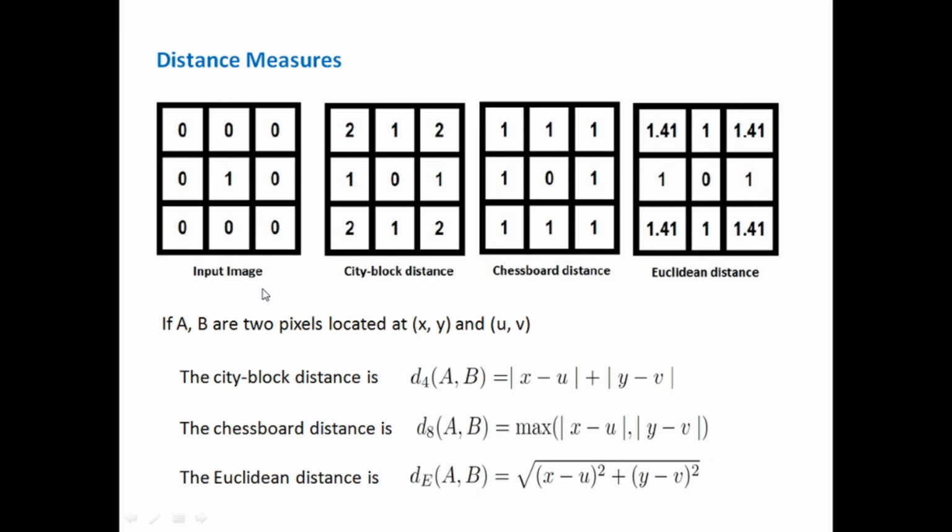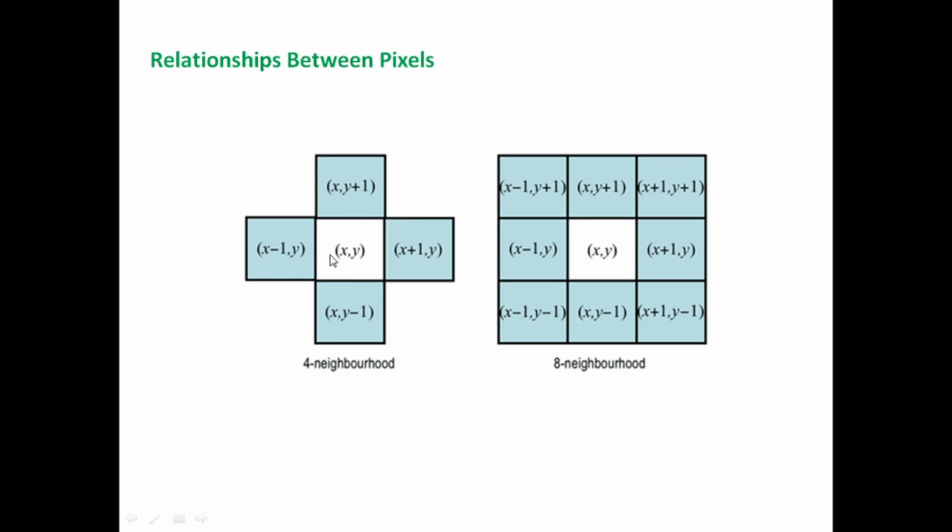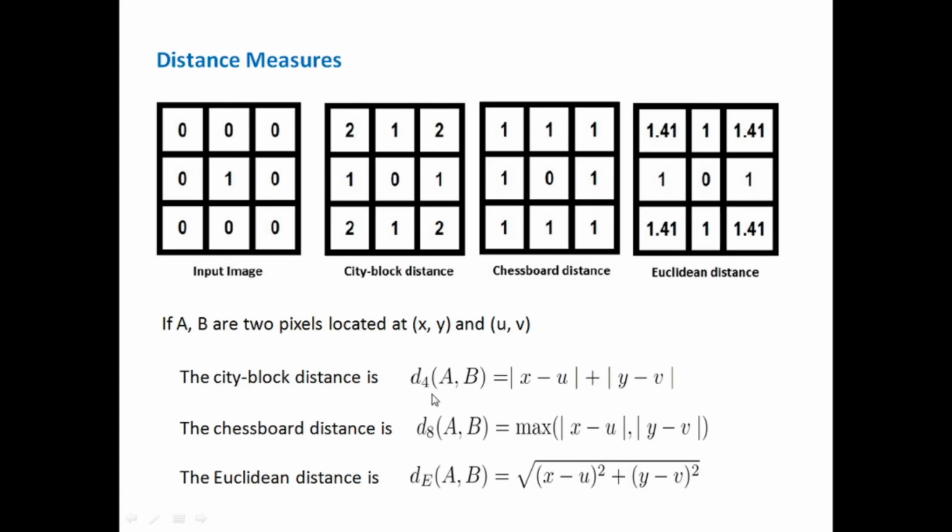So for example, if this is my input image, you know that for a 4 neighborhood the representation will be like this. For an 8 neighborhood, the representation is in this manner. So coming to D4 distance of A comma B, that is x minus u plus y minus v.